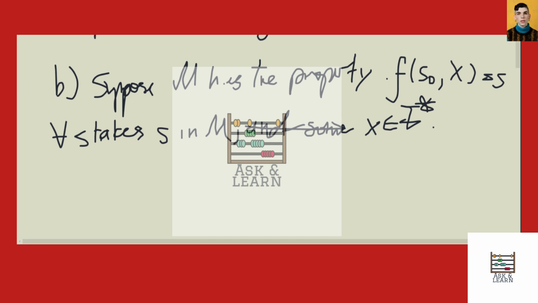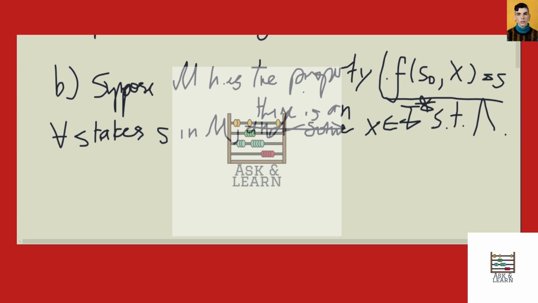This should be written as: M has the property that for all states S in M, there is an X in I star such that this statement, f of s naught X equals S, is true. So suppose that's true.